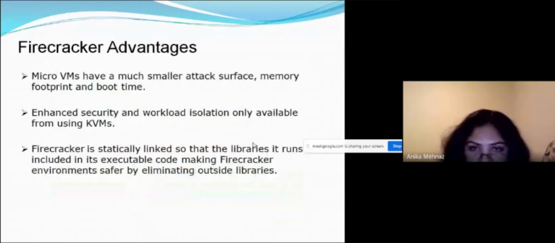And there's enhanced security and workload isolation only available from using KVM. Firecracker is also statically linked, so the libraries it runs are included in its executable code, making Firecracker environments safer by eliminating outside libraries.